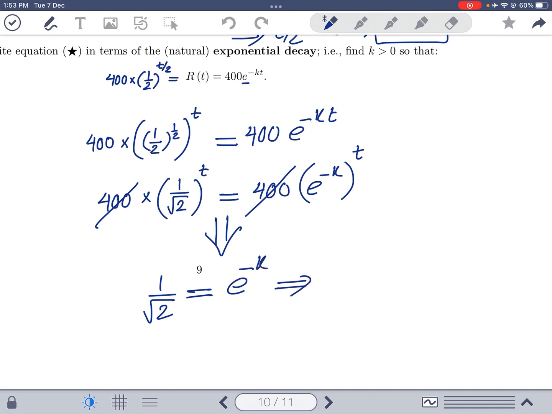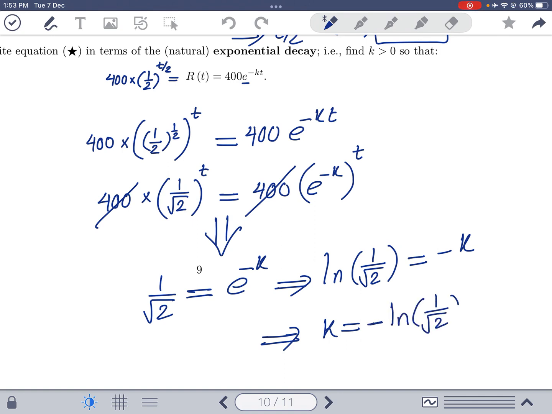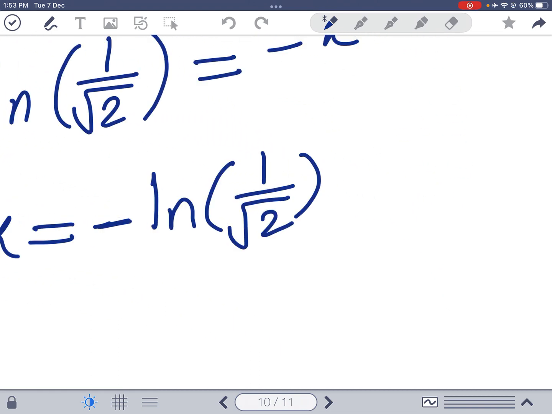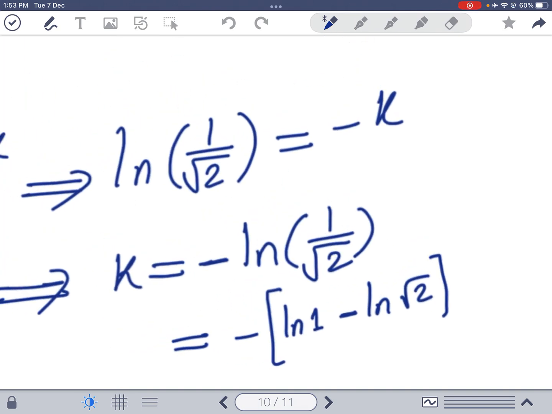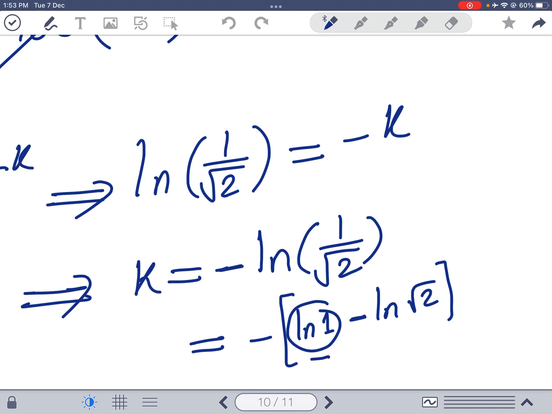So take ln of both sides. Ln of 1 over radical 2 equals ln of e to the minus k, which is minus k. So this means that k is minus ln of 1 over radical 2. But you can simplify it further: ln of 1 over something is ln of 1 minus ln of radical 2, and ln 1 is 0.